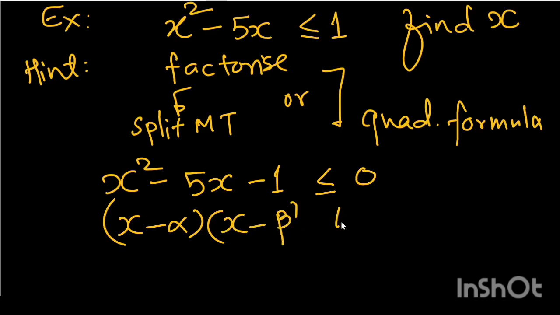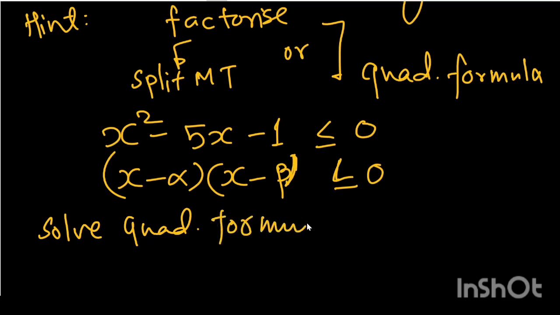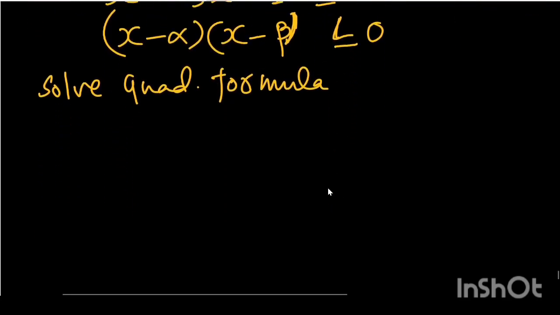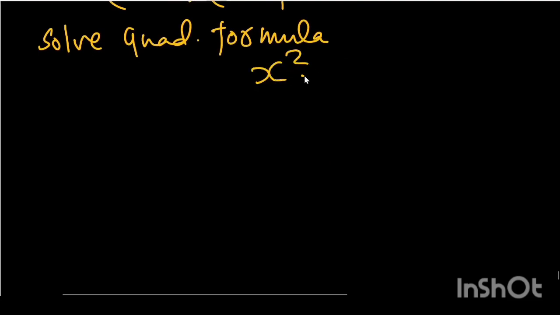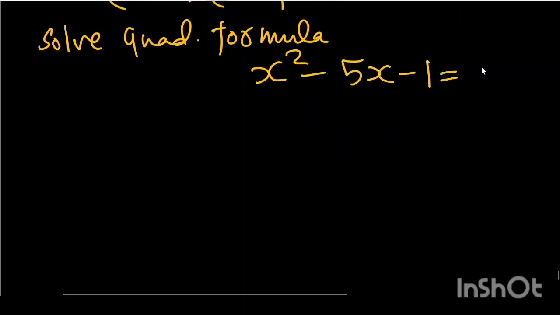So roots we can find, as I said, using either the quadratic formula or splitting the middle term. Now here we cannot split the middle term, so we will solve using the quadratic formula, the equation x square minus 5x minus 1 equals 0.